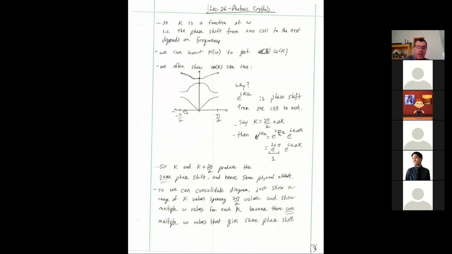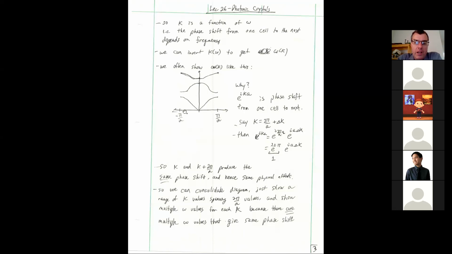I just need a range from 0 to 2 pi over a, or any other range that has the same width. And so by convention, people usually say instead of 0 to 2 pi over a, they say from minus pi over a to plus pi over a. That is a range 2 pi over a, and it's symmetric. We can talk about the effects of direction.